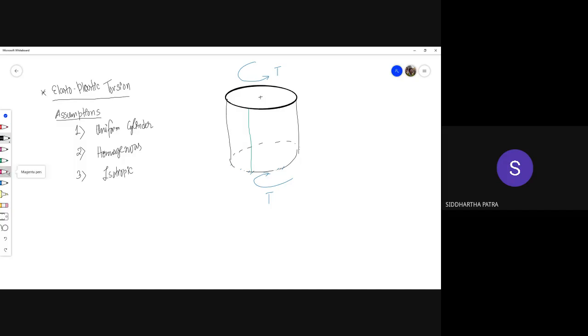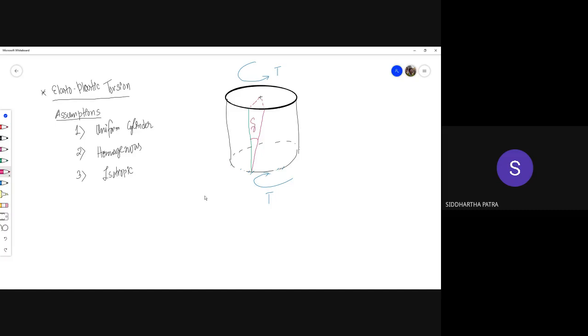So what happens is that this is a radial line, let's say, before the deformation, and once it deforms, due to torsion. So let's say this is the same line that I drew on the surface has now become tilted, and that tilt angle itself is our shear strain gamma.